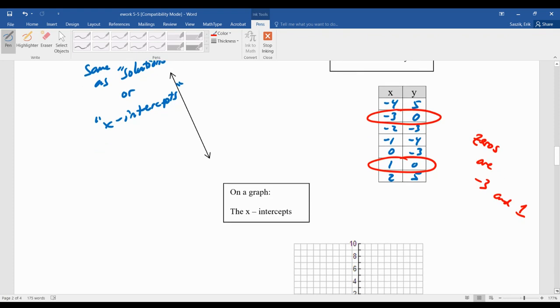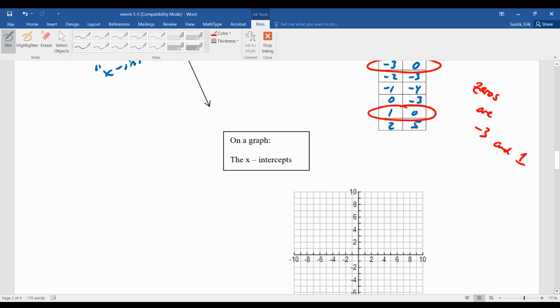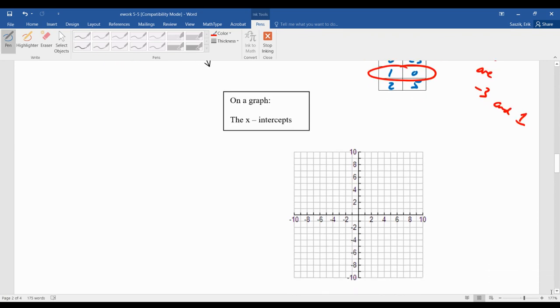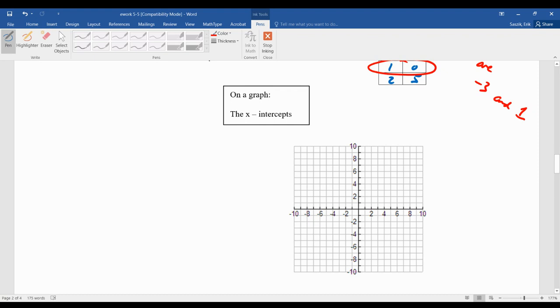And then, of course, on a graph, it's very easy to spot the zeros. Sorry, I should have had this pre-printed, but with the graph on it. Here, let's go ahead and put a parabola on here. Well, boom, boom, boom, boom.